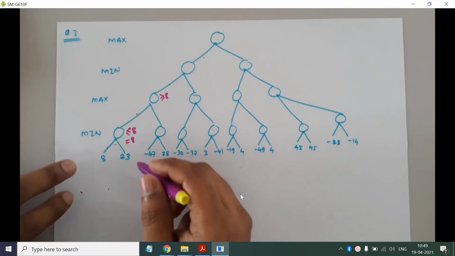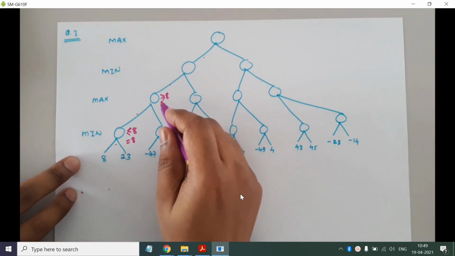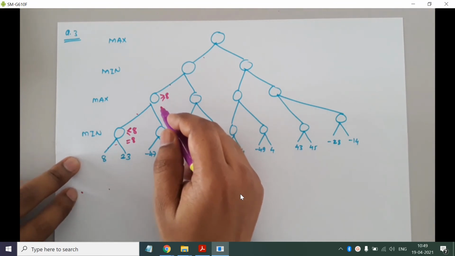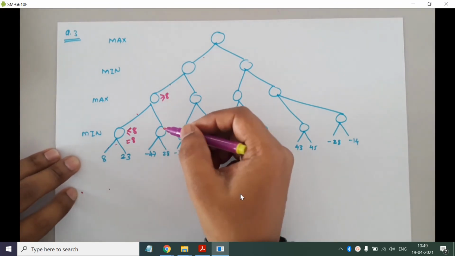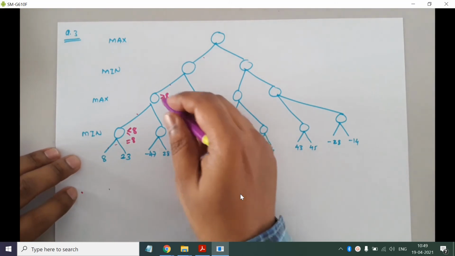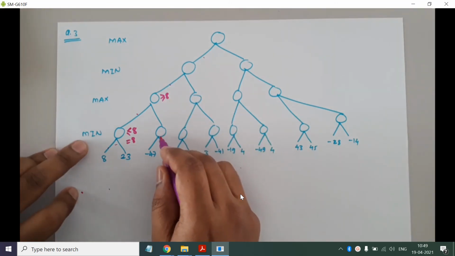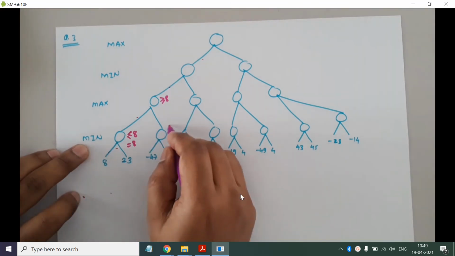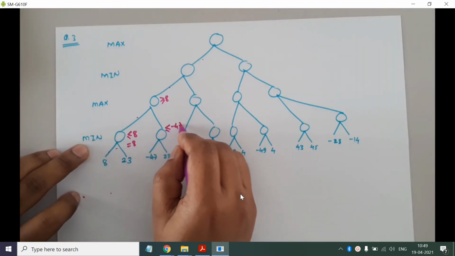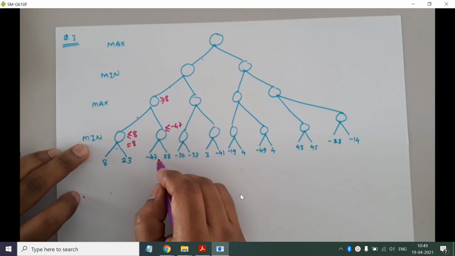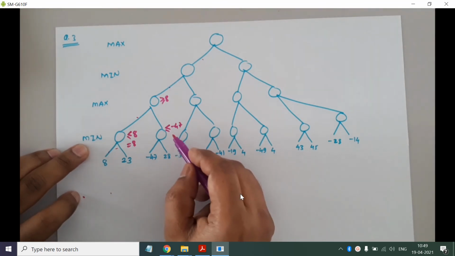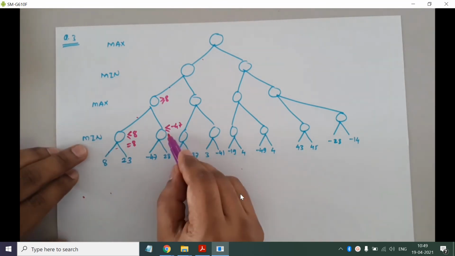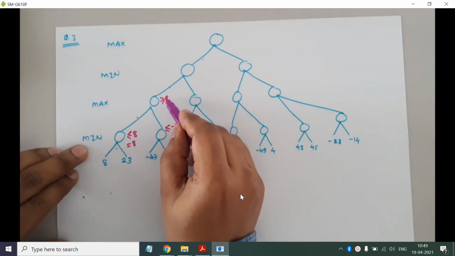He wants to increase this value, so its alpha value will be greater than 8, right? So we'll come here, then this is a min node, so we'll update the beta value. So min is expecting a value lesser than minus 47. Now here our second condition is satisfied. At min node, beta is lesser than alpha.